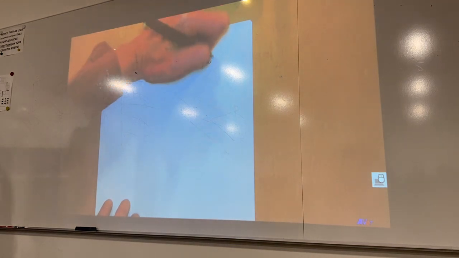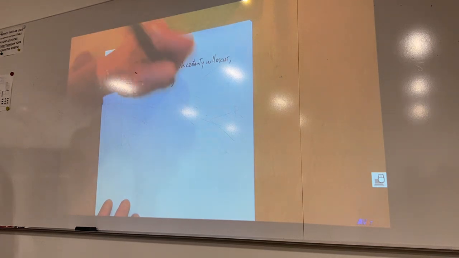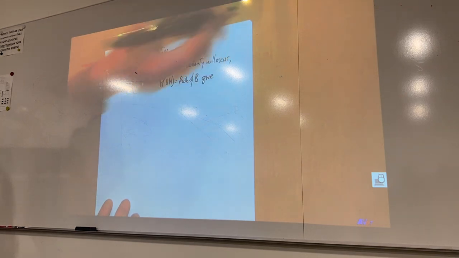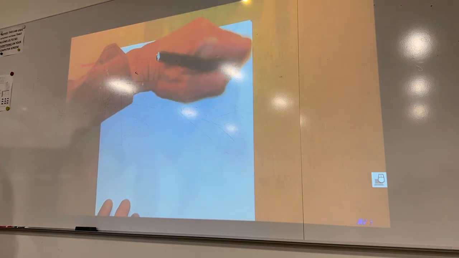So the probability of B given A is the probability of B given that A has or will occur.